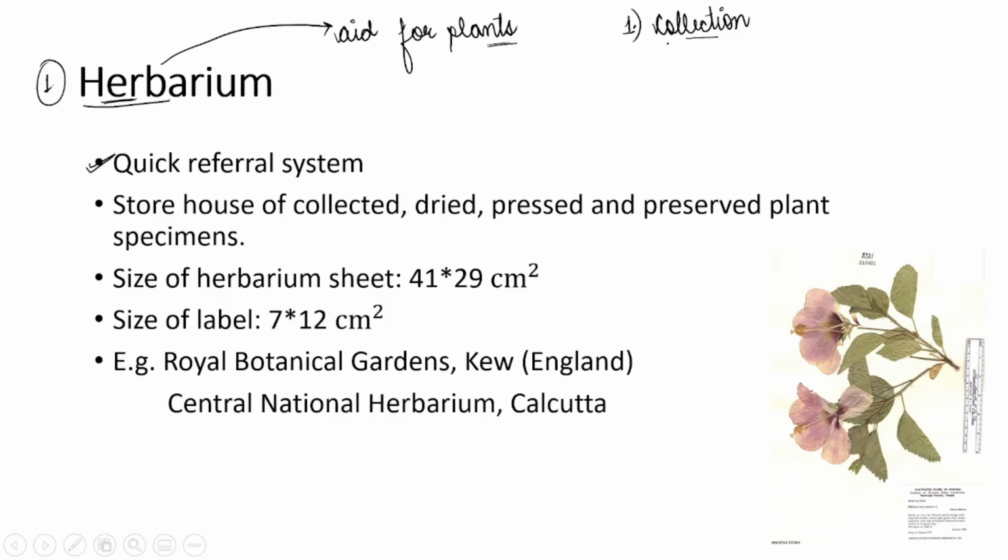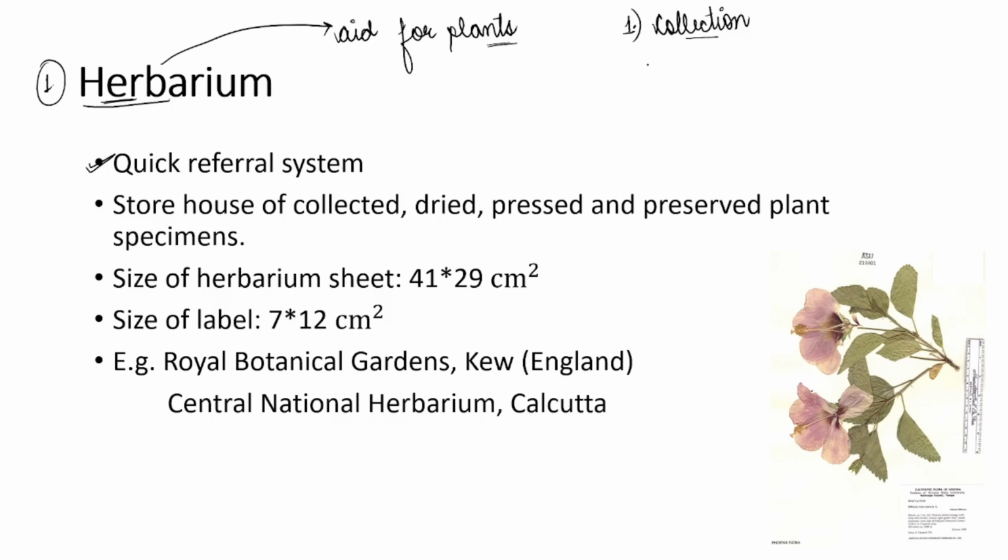If I collect that specimen and put it in the herbarium with black spots on it, and some other person in some other country tries to identify that same plant, he or she will think that these black spots are actually the original morphological feature of that plant. But you and I both know that it's not true. The black spots were because of a disease of that plant. So we have to collect a specimen very, very carefully.